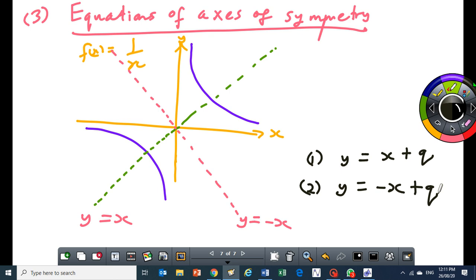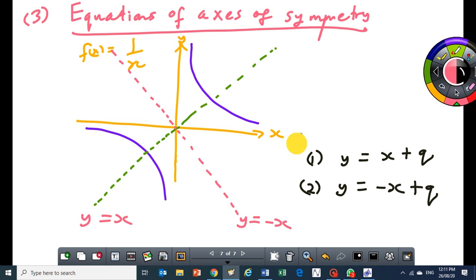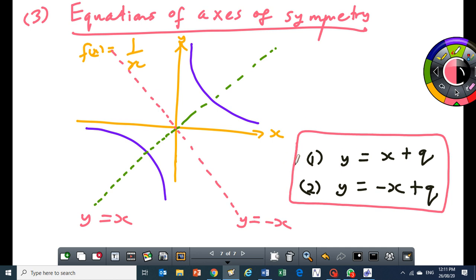Okay? These two are your equations of axes of symmetry. Where there is q here, you get that value from the original equation of the hyperbolic graph. Where there is q there, you get that value of q from the original hyperbolic equation.